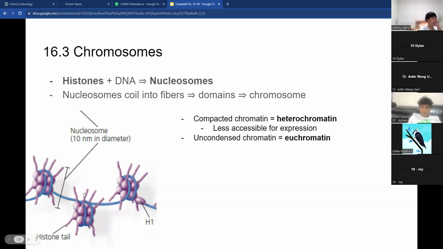You can add acetyl groups to histones to make them more transcribable, which means if you add acetyl groups, then the protein will be expressed more often. If you add methyl groups, then the protein will be expressed less often. This is an example of regulation of transcription, which dictates how much protein you make.